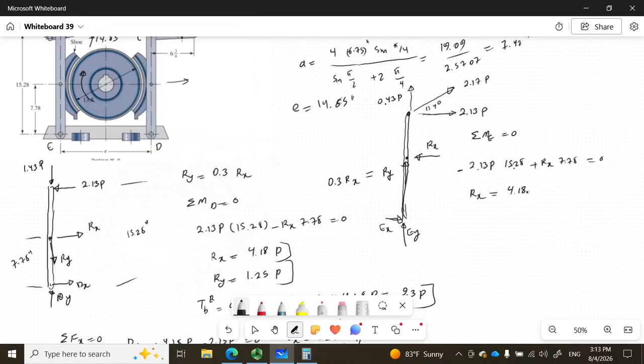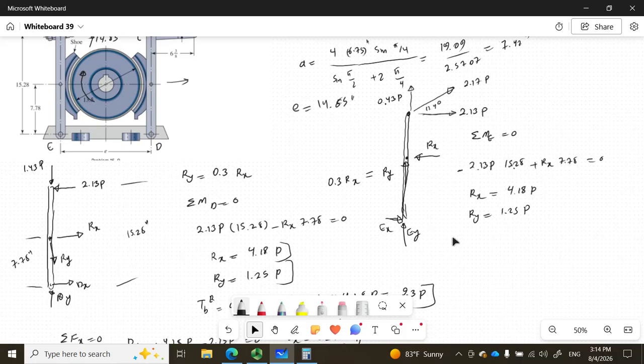So it turned out they are the same, but I couldn't have claimed that at the beginning. Okay, so it came out the same. And then Ry, 0.3 times this, 1.25. So you see the difference between left and right now is that the direction of forces is different.